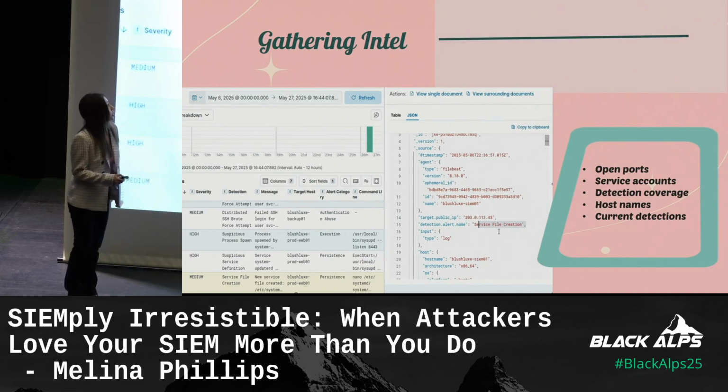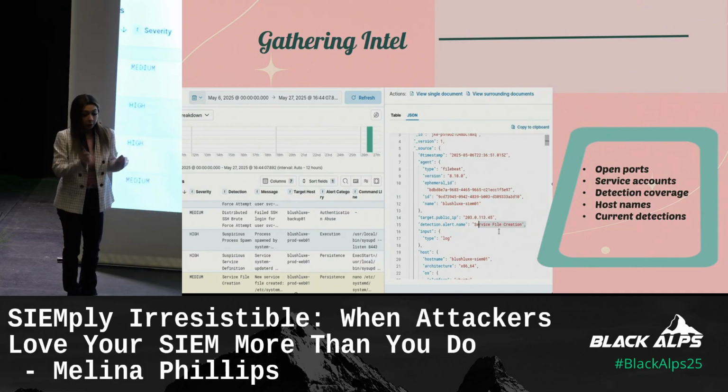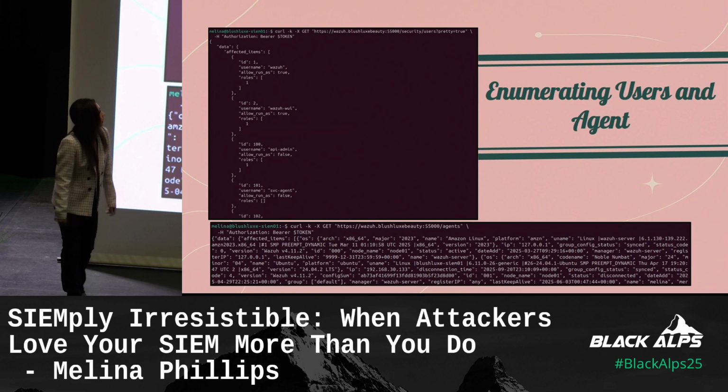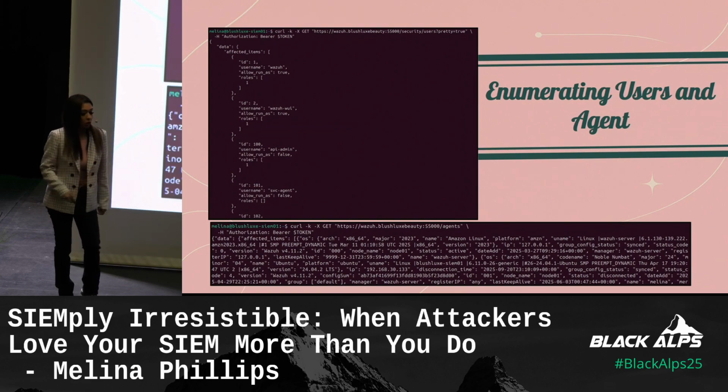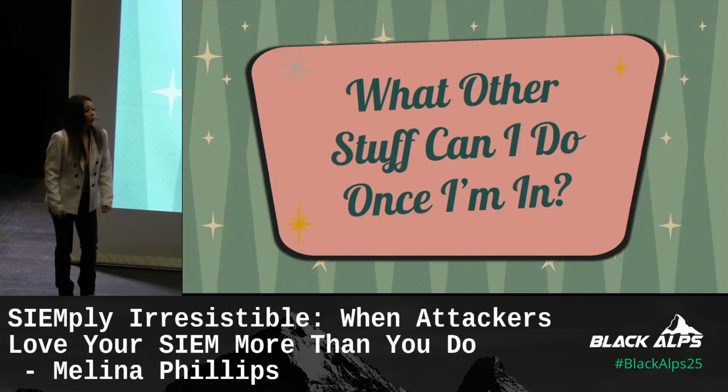We can also see actual components of a SIEM, like the versions that are running. In this case, we're running Filebeat to ship our logs, and we get to see the version. What happens if there's a vulnerability associated with this version? Then, as I mentioned before, this is for APIs if we want to enumerate users and the type of access that they have.